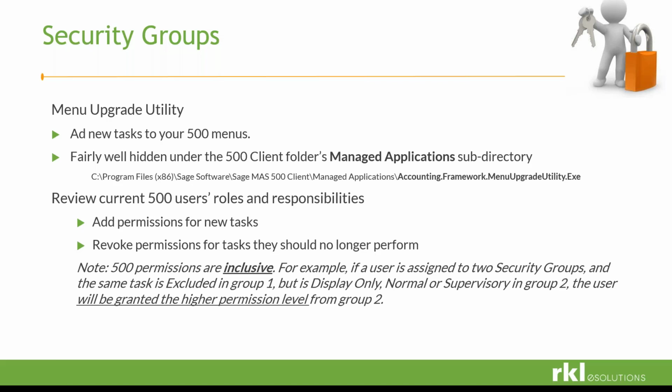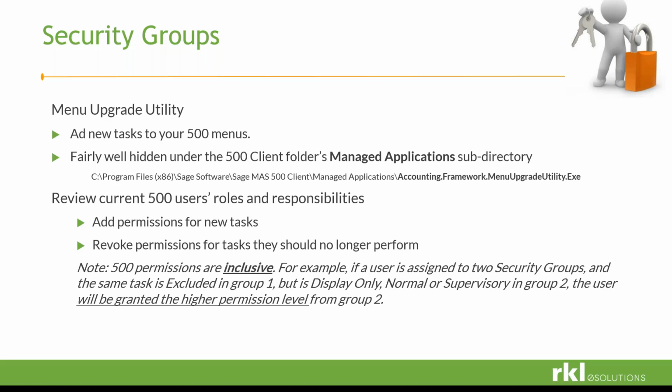You need to go to the folder where the 500 install was done and then browse to the path that I've shown here on the slide and look for accounting.framework.menuupgradeutility.exe. That will launch and show you on one side all of the standard tasks, and on the other side, for the menu you've selected, the tasks that are available, and you can simply drag and drop the standard tasks into your custom menu as needed.